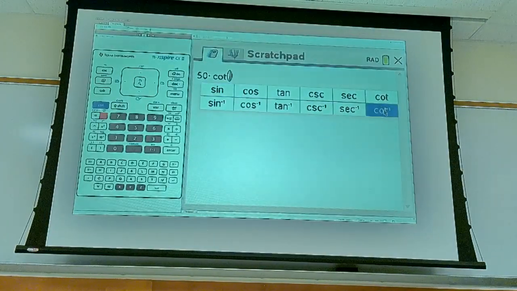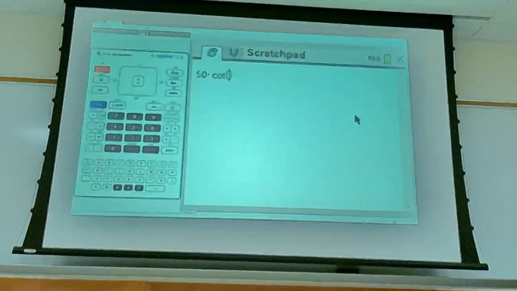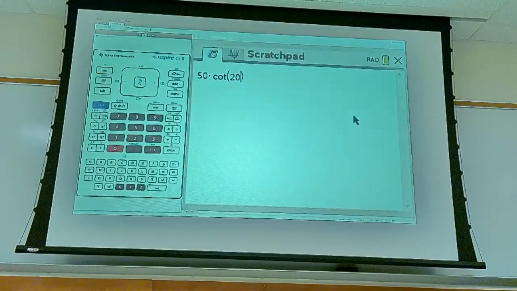Those are the inverse trig functions. We haven't studied those yet. We will be. Now you have to be careful, because we want 20 degrees, so you have to make sure that you're actually in the right mode.